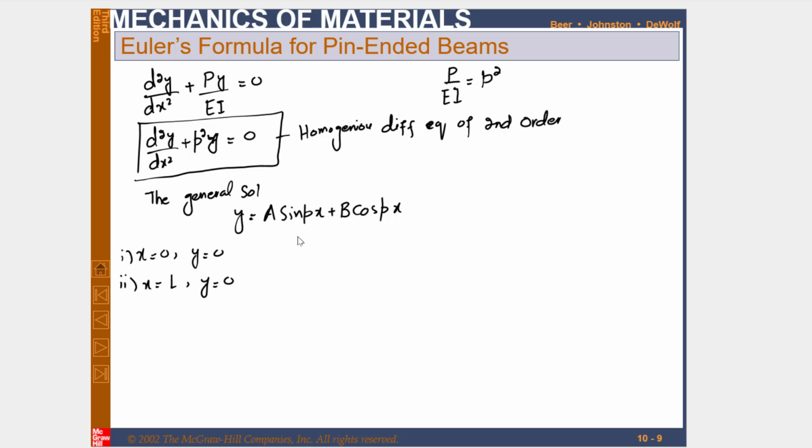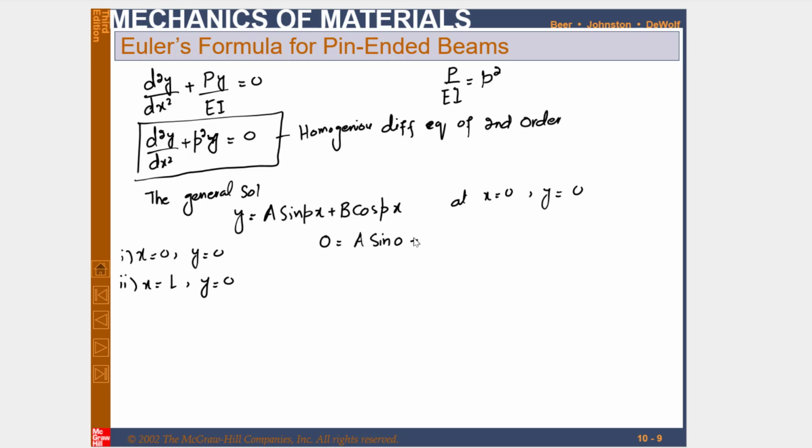When you put the first boundary condition, at x is equal to 0, y is equal to 0: y is equal to 0, a into sine of p into 0, which is 0.